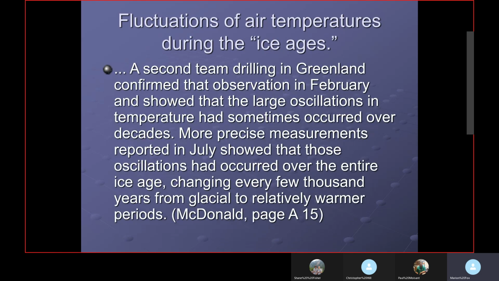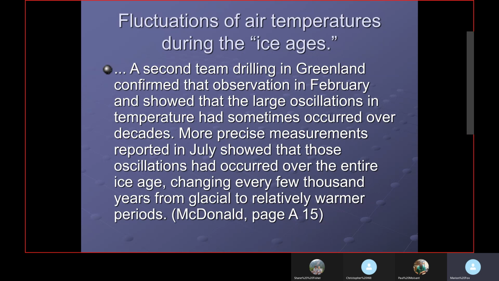A second team drilling in Greenland confirmed that observation in February and showed that the large oscillations in temperature had sometimes occurred over decades. Now, remember, when they see 10 layers of ice, they consider that decades. And so they get the layers of ice and they interpret this to be years, each layer for a year, like tree rings.